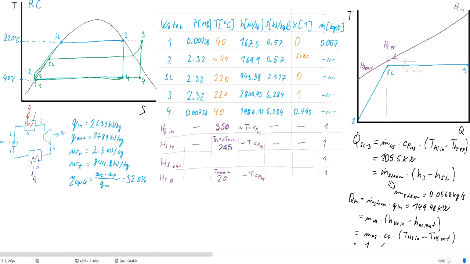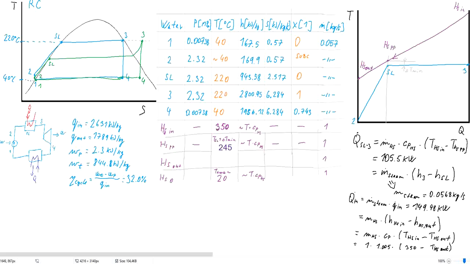And now it was 1 times 1.005 times the temperature of the heat source inlet, 350 degrees C, minus the temperature of the heat source outlet, which is the unknown.